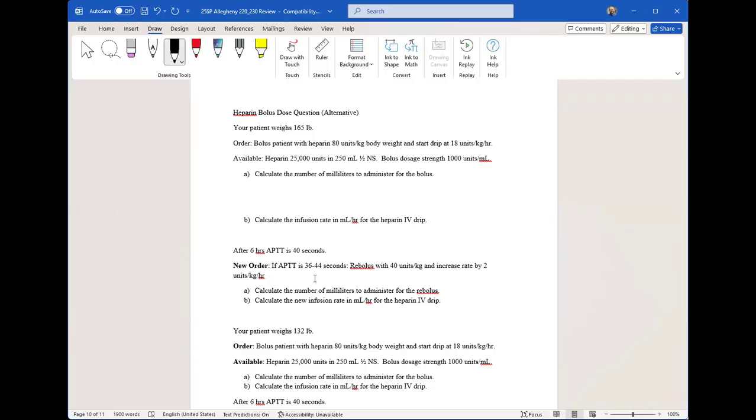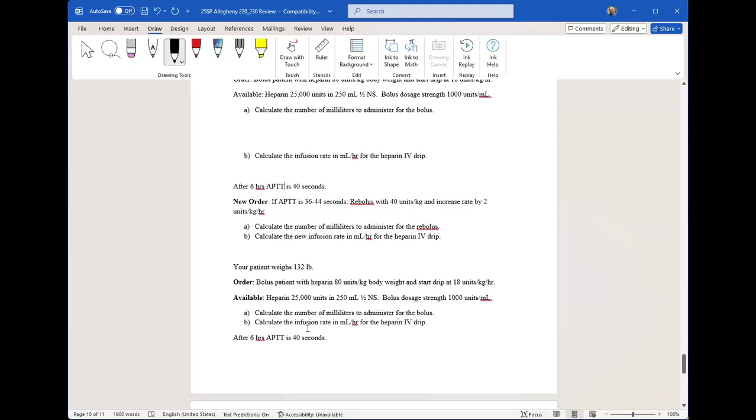So I'm going to give you these to practice. And if there's time, because there was another question I wanted to address, we can come back and do a few more of these. But this is the nuts and bolts of what you should be focusing on when you're calculating these bolus dose calculations.